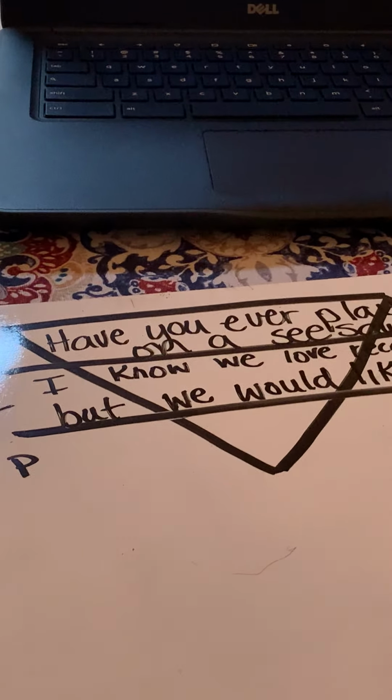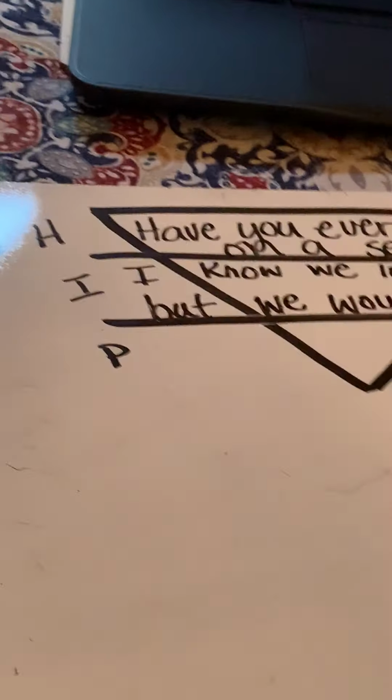It's like your sloppy brainstorming paper. And then the P stands for my point, your main reason, your thesis statement, why you're writing this piece. So we're writing it to add a seesaw to the playground.